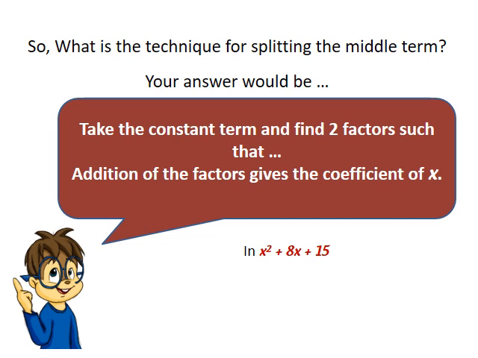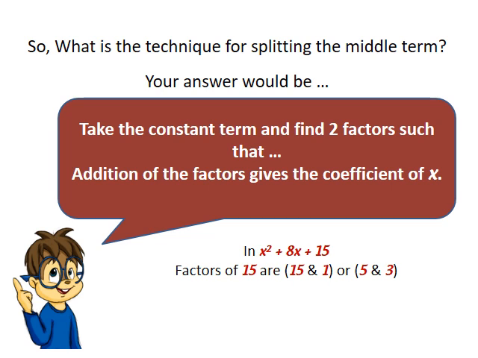So in x square plus 8x plus 15, what are we going to do? The constant term is 15. So what are the two factors of 15? You'll get various sets of factors. 15 and 1 are factors, and 5 and 3 are also factors, because 15 into 1 gives you 15 and 5 into 3 also gives you 15.